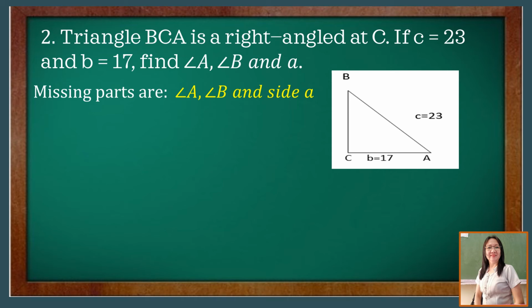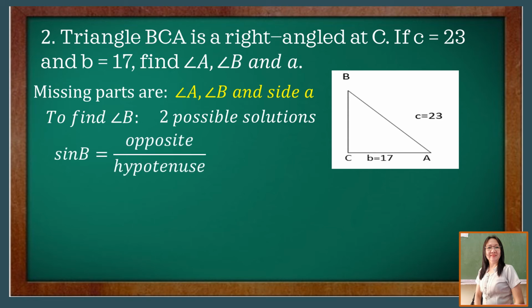Now another required in our problem is to find angle B. To find this, there are two possible solutions. Let me show you the first one. Using our sine function, with our angle B, sine is opposite over the hypotenuse.